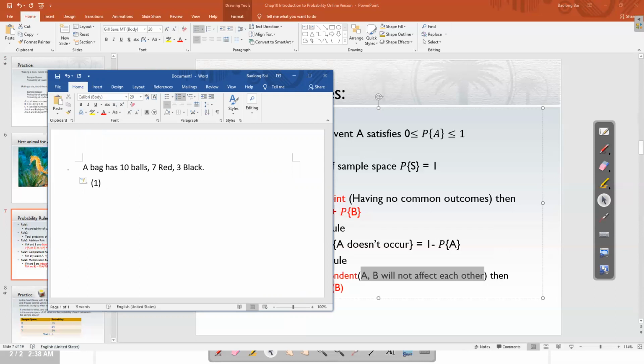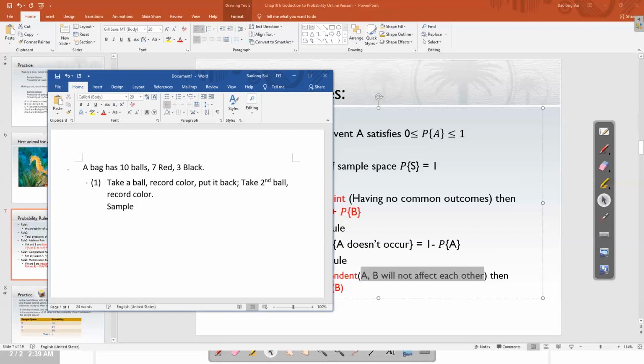In the first scenario, we take a ball randomly from the bag, and then we record a color. After we record a color, we put it back into the bag. Then we take a second ball and record a color again. So this is a random process, right?